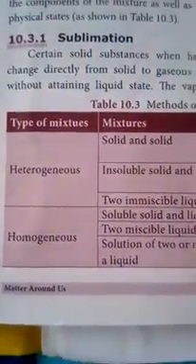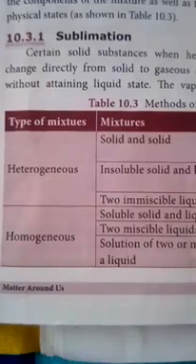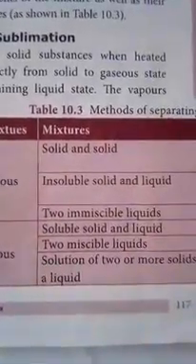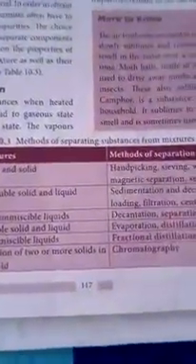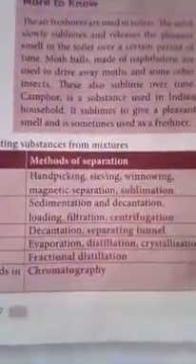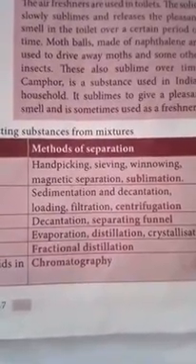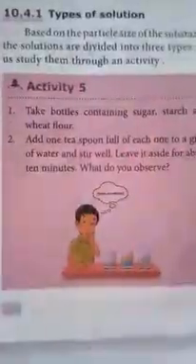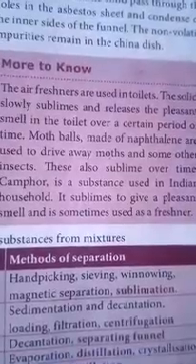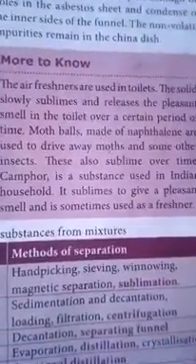From the table, heterogeneous solid and solid mixture: methods of separation are hand picking, sieving, winnowing, magnetic separation and sublimation.